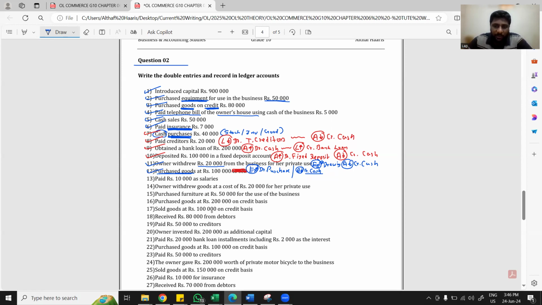Cash asset is decreasing. And people, salary is an expense for the business. So expenses debit. Good. Salary debit, cash credit. What's the amount? 10,000.